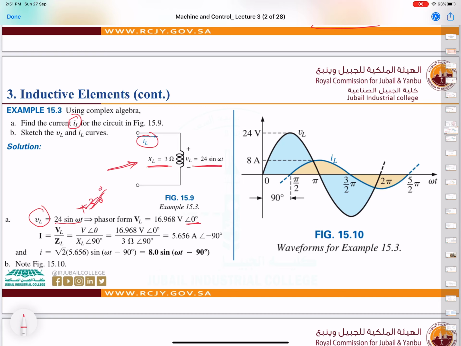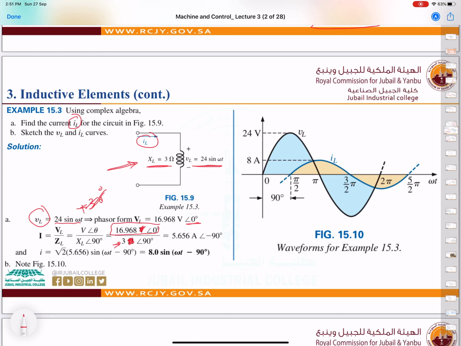Now to find I, it is VL over ZL. VL is 16.968 volts, of course we didn't write the units here. So 16.968 with angle 0, and XL is 3 with angle 90.